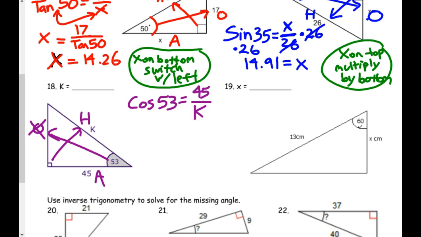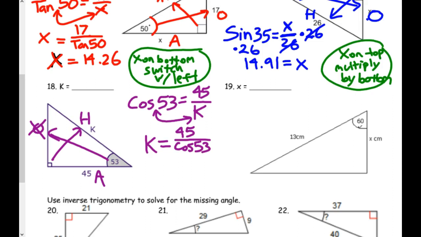But my variable, my K, my X, is on the bottom. So it's just like when we did number 16. We're going to have to take the left side and the bottom side and switcheroo. K swings over to the left, equals 45 is still on top, and then cosine 53 goes to the bottom.